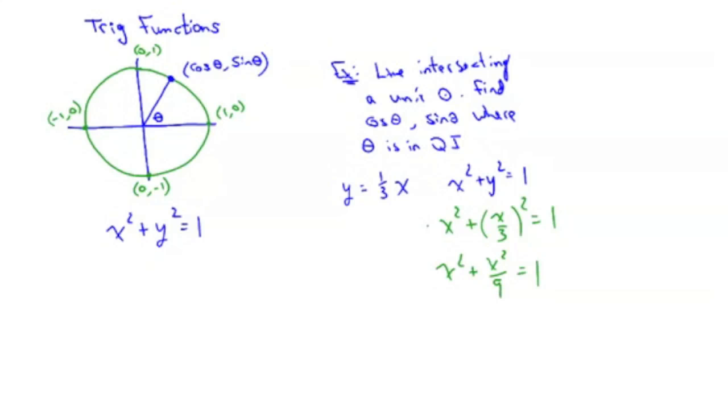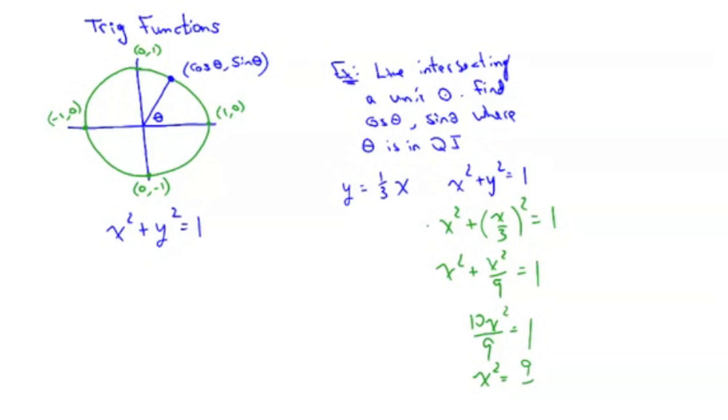It becomes, I guess, 3x squared over 9, or 4x squared over 9? No. This becomes 9x squared over 9, and 9x squared plus 1x squared over 9 is 10x squared over 9. Common denominator, all that fun stuff. Oh, sorry, I'm stupid. 10x squared over 9. It becomes x squared equals 9 over 10.